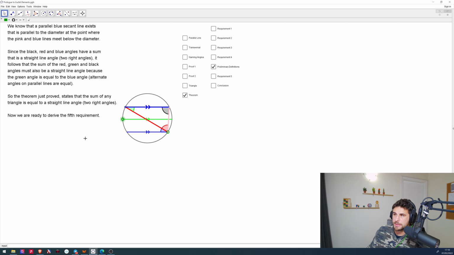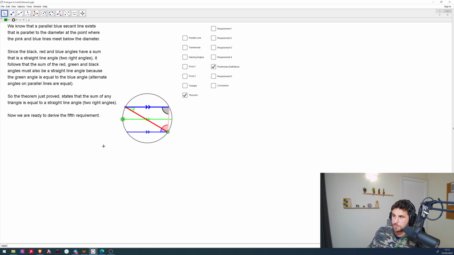So since the black, red and blue angles have a sum that is a straight line angle, two right angles, it follows that the sum of the red, green and black angles must also be a straight line angle, because the green angle is equal to the blue angle. Alternate angles on parallel lines are equal, as we know. So this blue angle here is equal to the green angle.